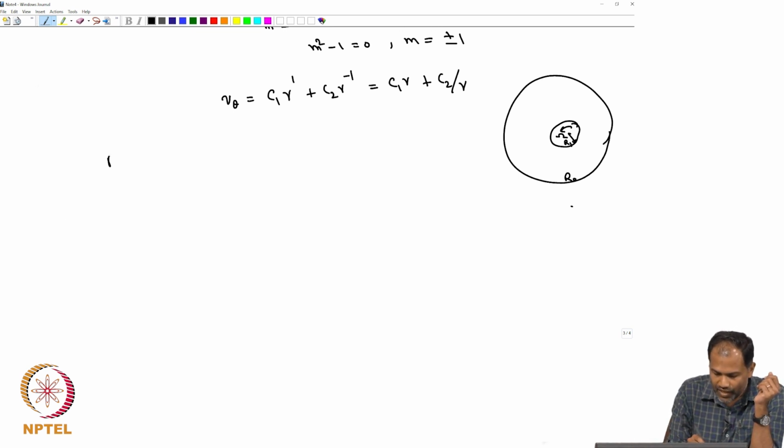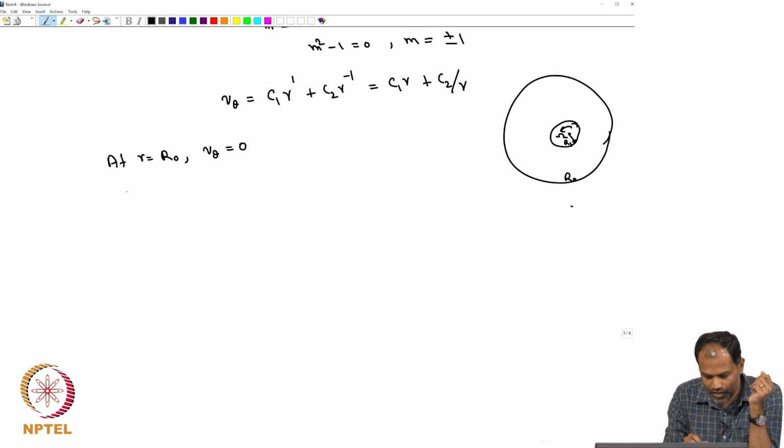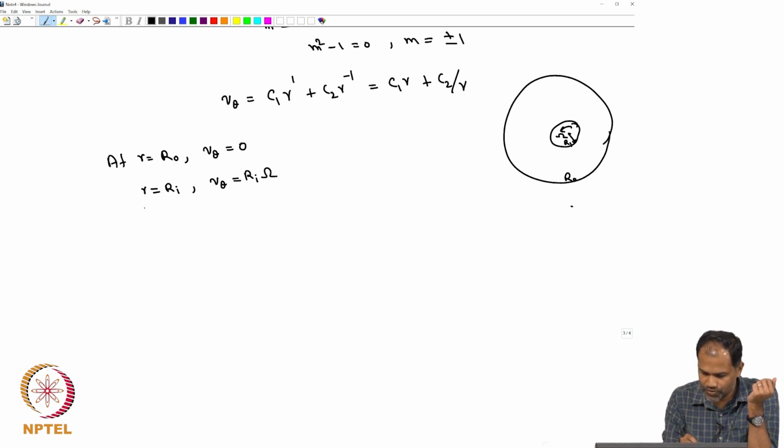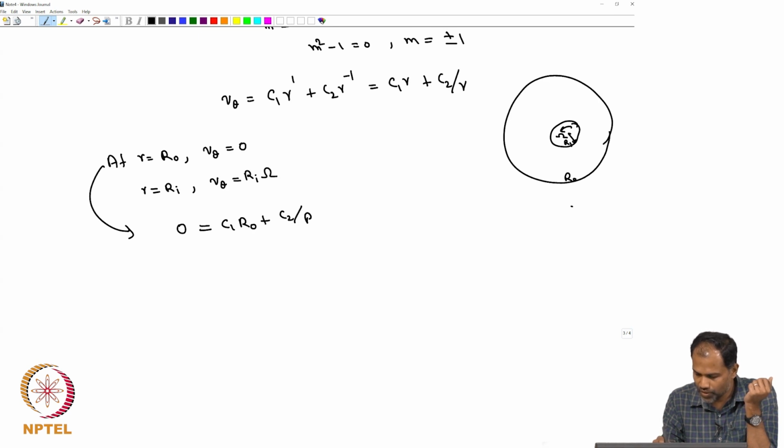So, we can say that at r equal to r(O), v theta is equal to 0, and at r equal to r(I), v theta is equal to r(I) times omega. So, we have two boundary conditions and two unknowns. We can substitute and find that the first equation gives 0 equal to C1 Ro plus C2 by Ro.